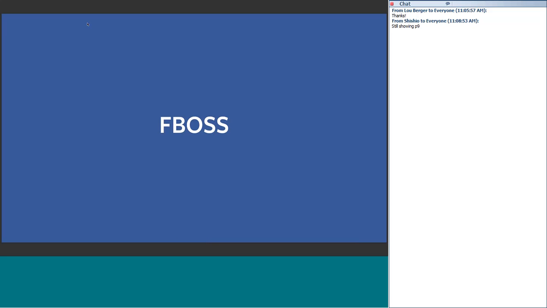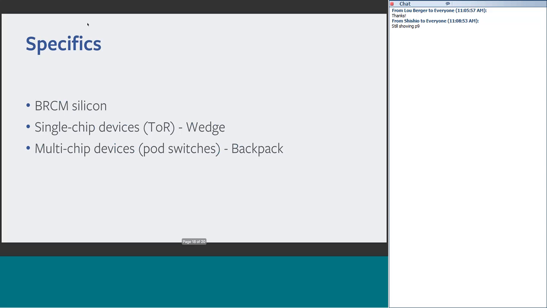So FBOSS definitely is becoming the dominant system in data centers. Next slide, please. This creates a few interesting caveats, right? So right now with Broadcom, we definitely explored our chips. We have Wedge and Backpack, two main platforms. Wedge is a single-chip top of rack switch. Backpack is a multi-chip chassis. But the thing about Backpack, it has multiple ASICs inside, and every ASIC has its own CPU associated with it.